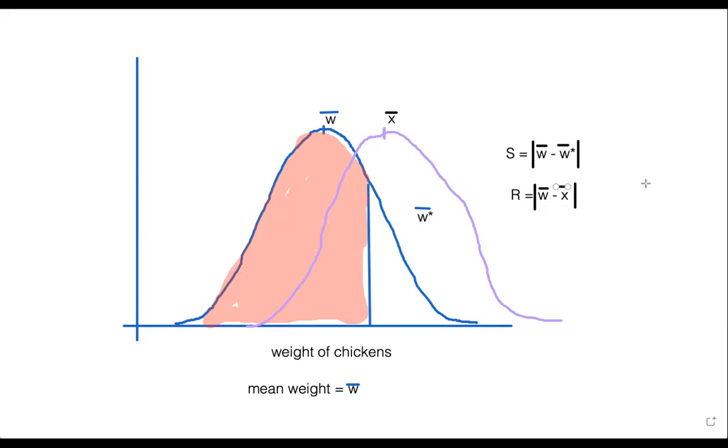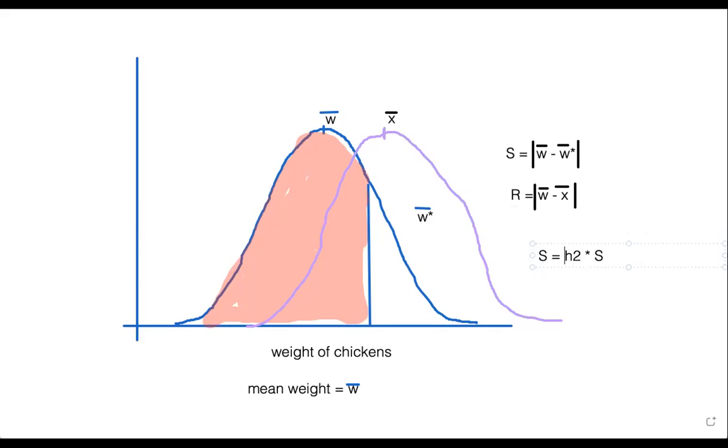The population is still much like it was when we left it. If that difference is very large, that means that selection has really shifted that mean over. So S is a measurement of how stringent my selection is. R is a measurement of how much response we get over one generation. And the breeder's equation is that R is equal to S times narrow sense heritability.